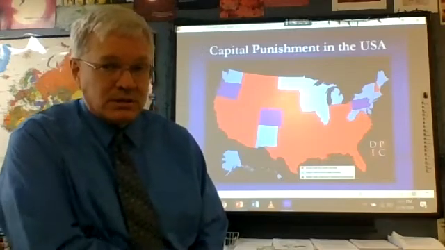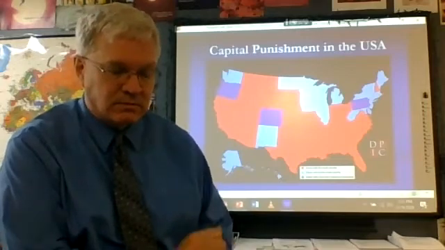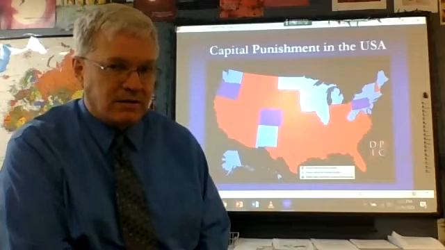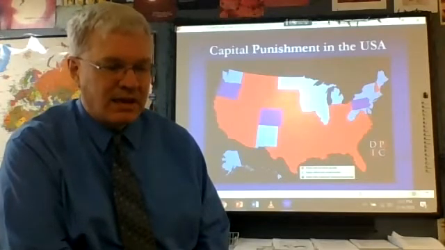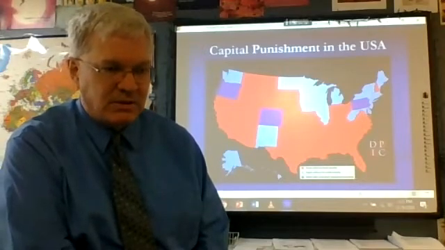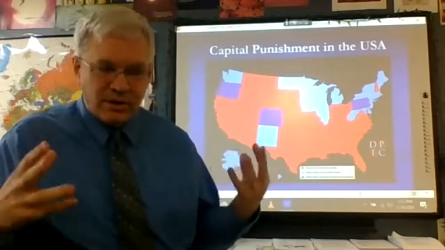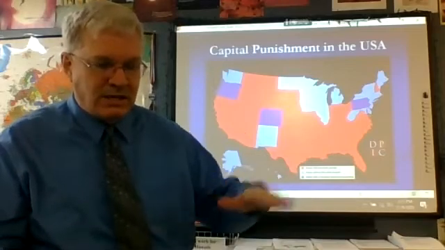Well, the Supreme Court has looked at that, and they have said, if you're under 18 when you commit the crime, no death penalty. It's cruel and unusual punishment to give the death penalty to somebody who was under the age of 18. The idea is that they're juvenile. They haven't really quite thought through things enough. We're going to put a bright line rule, 18.